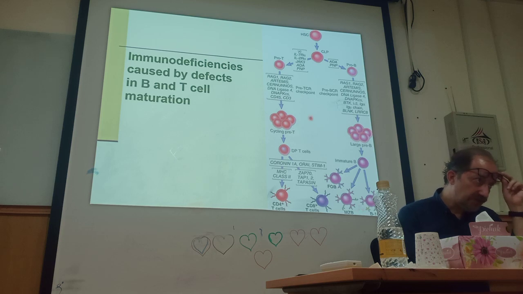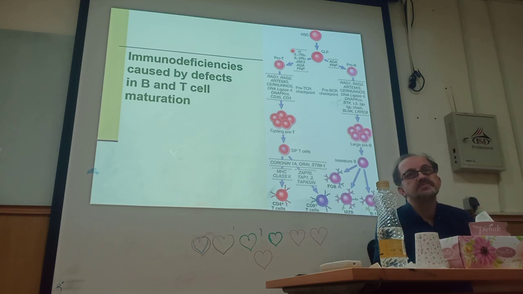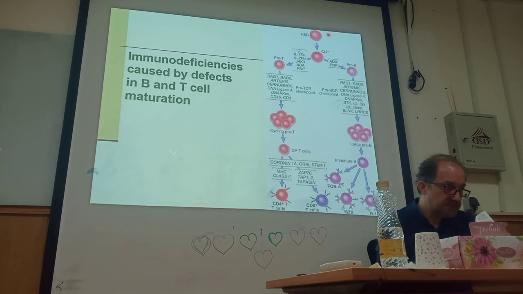My question: if there is a patient with a mutation in the gamma chain here, can you see the gamma chain? What's the result? Do you expect T cells? What about B cells? The gamma chain is not in the B cell pathway, so it will only affect T cells.